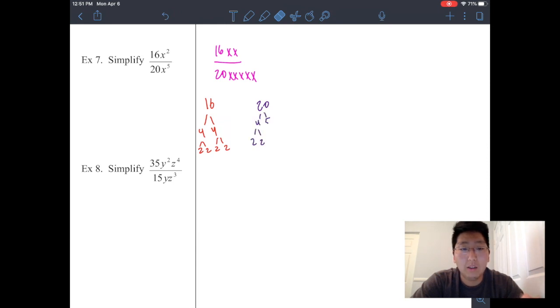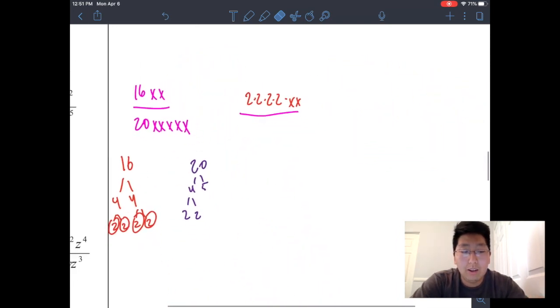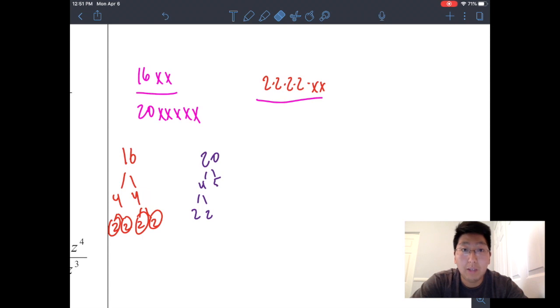So here, instead of 16, I'm going to write 2 times 2 times 2 times 2. And then 2 x's, because those 2 x's are still there. And then on the bottom, instead of writing 20, I'm going to write 2 times 2 times 5 and the 5 x's. And those are from the left right there. Okay?